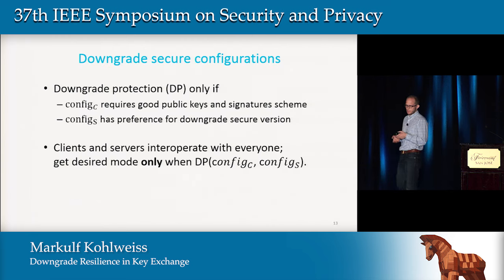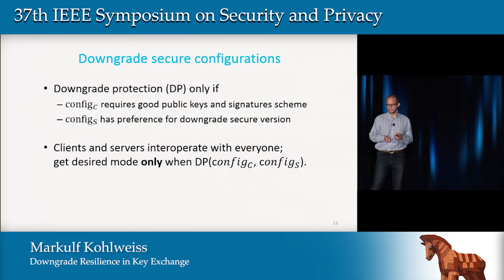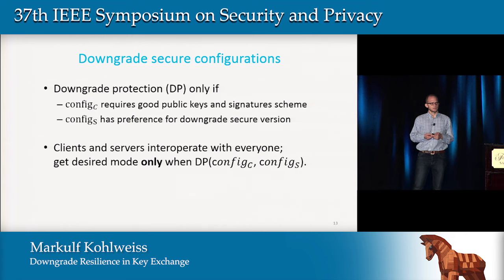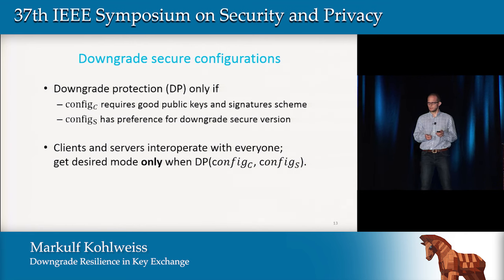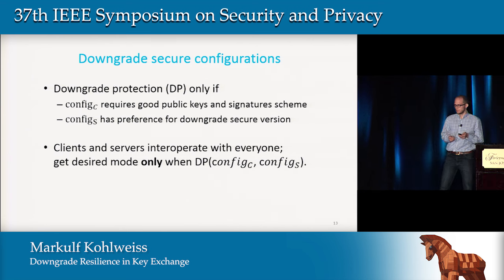So more formally, to capture this stronger attacker model, we formally define a downgrade predicate, DP, that holds when a client and server configuration jointly provide downgrade security to the first party. So here the client. You can swap things around to define downgrade security for the server. For TLS, I give this primarily as an example, the details can vary. The predicate requires that the client demands good public keys and signature algorithms, and that the server expresses a preference for downgrade-secure versions in its protocol.